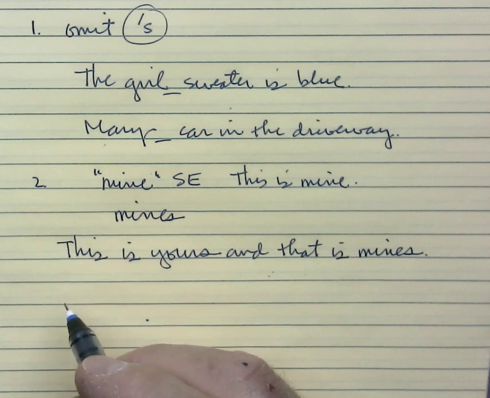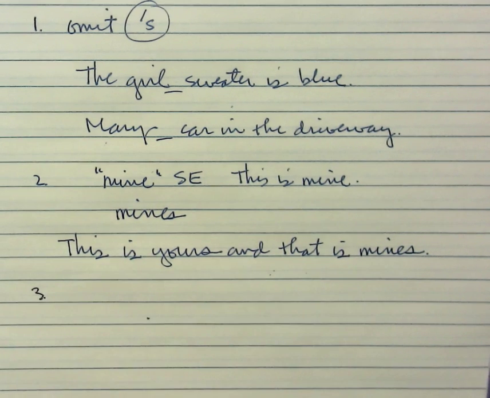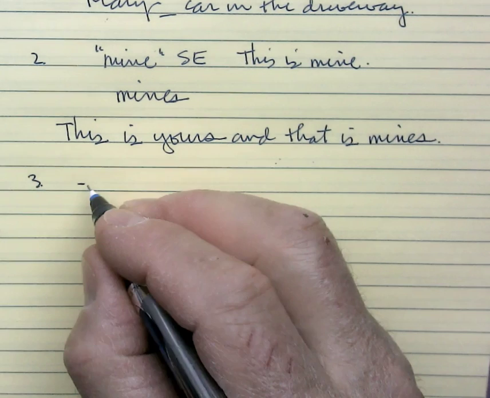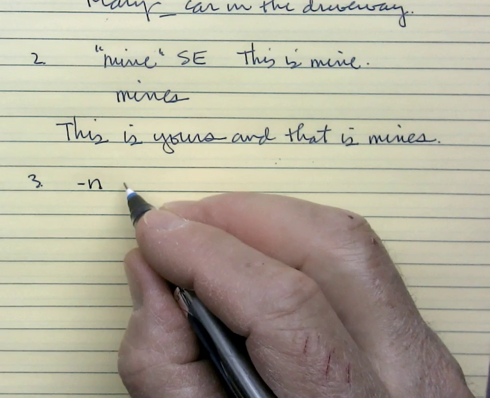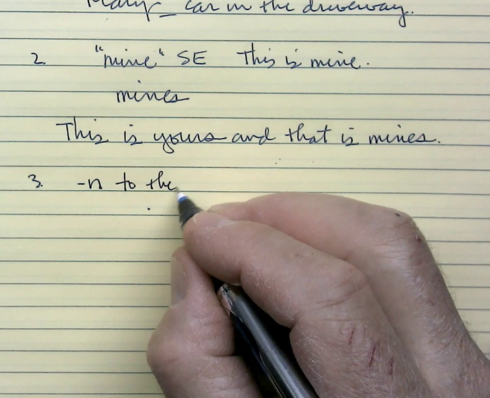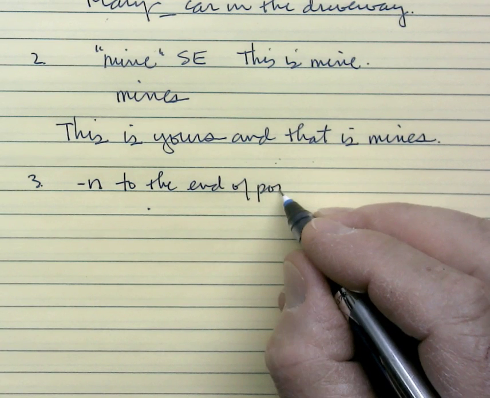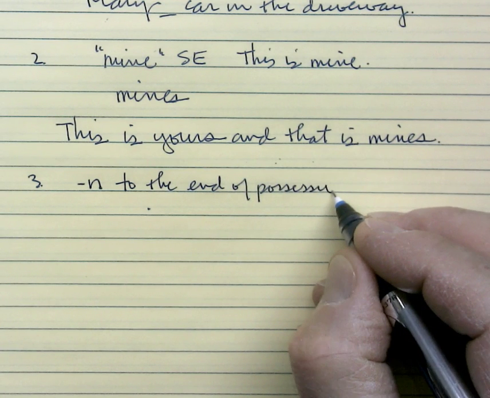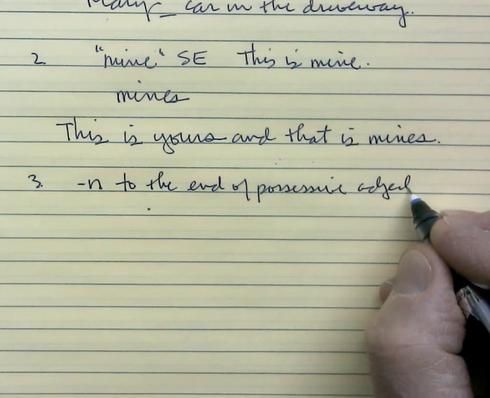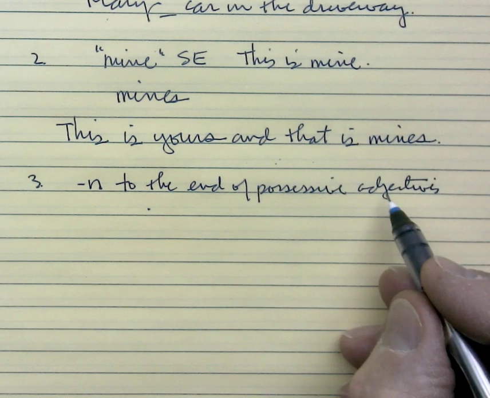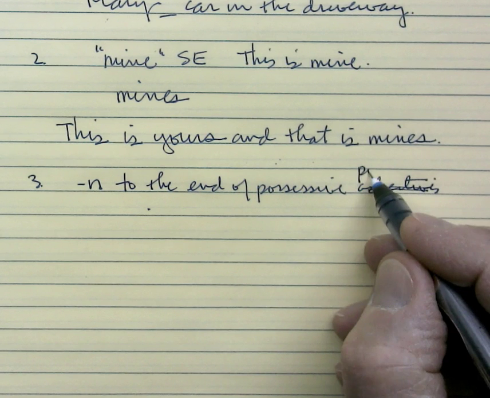Now, vernaculars also, depending on where you are, some vernaculars add N to the end of possessive adjectives. Oh, I'm sorry, to the end of possessive pronouns.